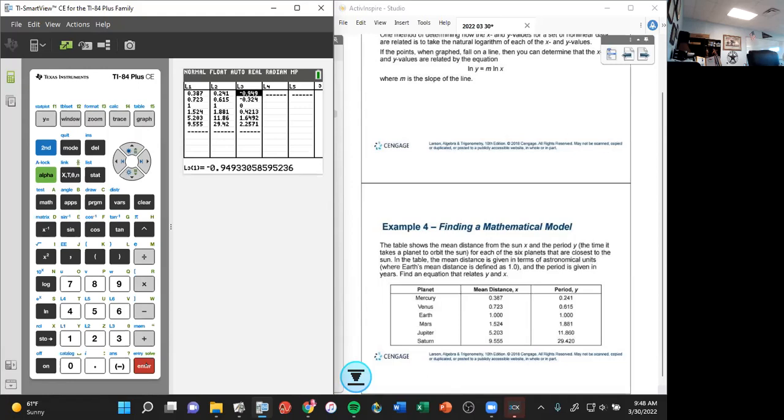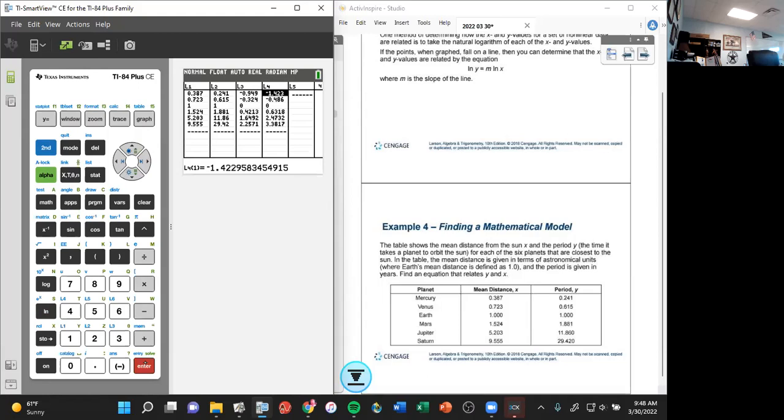Okay, so what are we going to do in L4? Take the natural log of all the y. So I arrow up to the L4 and I type natural log, second 2. Enter.